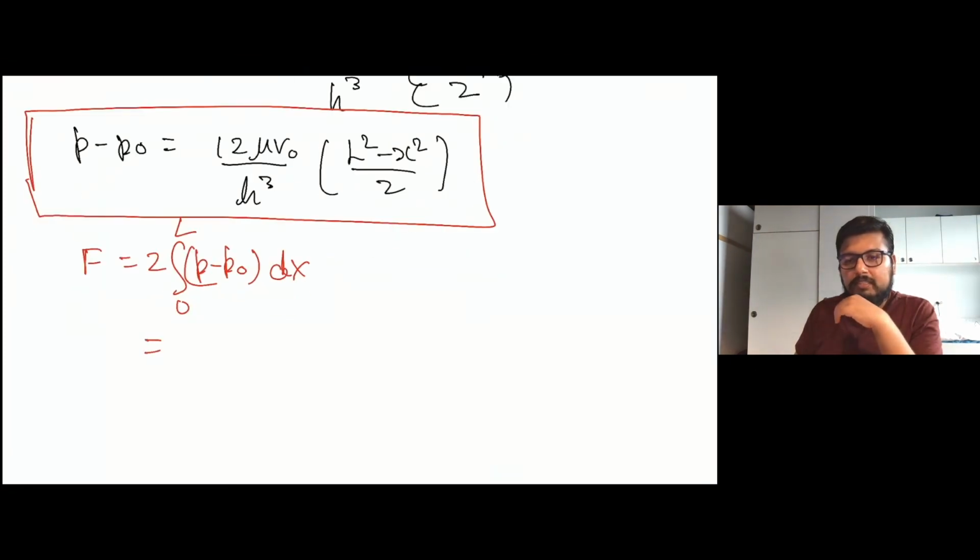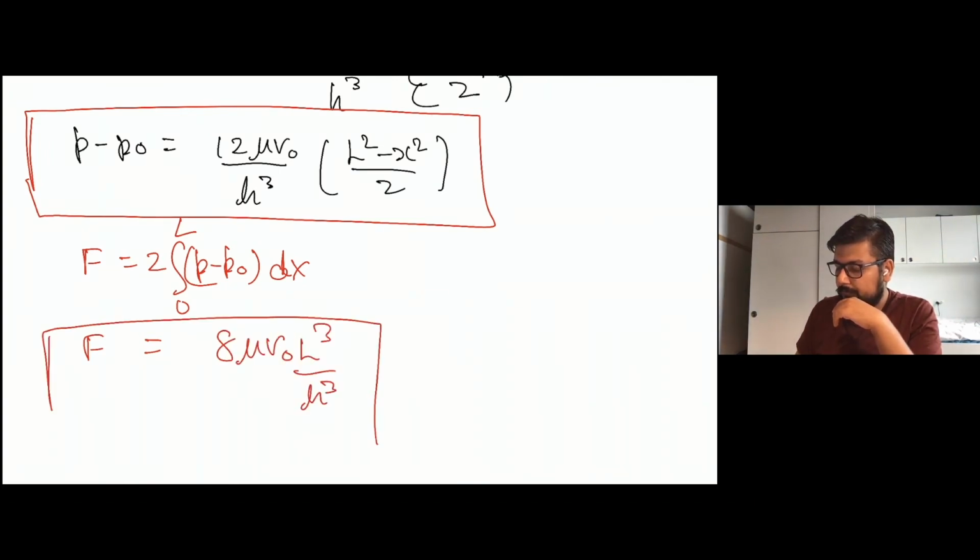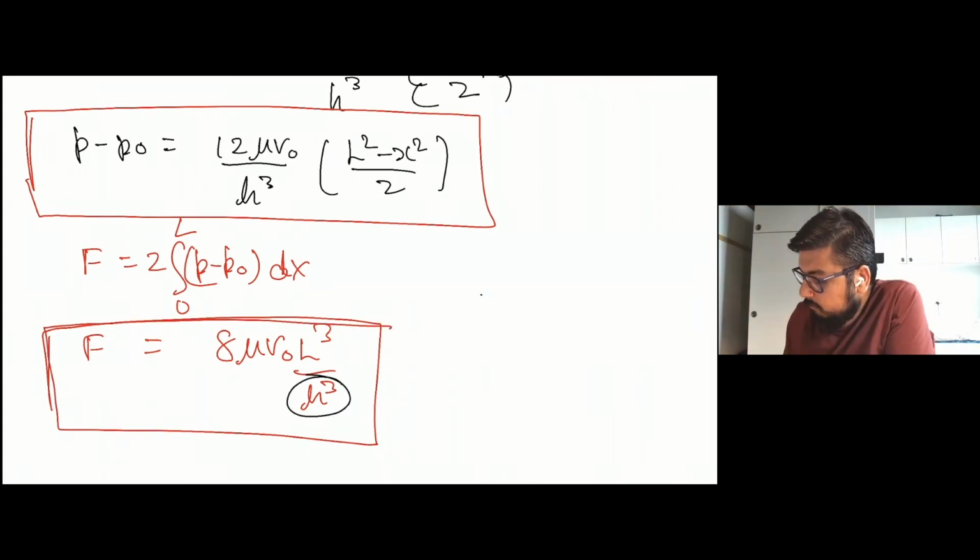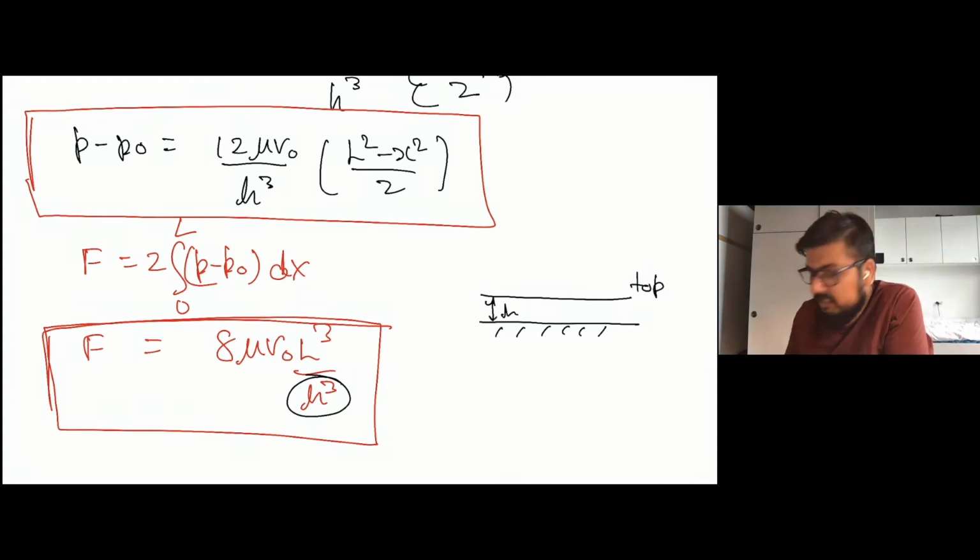On performing this integration, we will get that the force is equal to 8 mu v naught L cube by h cube. So this force F is the force that is being applied on the top plate as it falls down. And as you can see, as h tends to 0, this force becomes infinite.